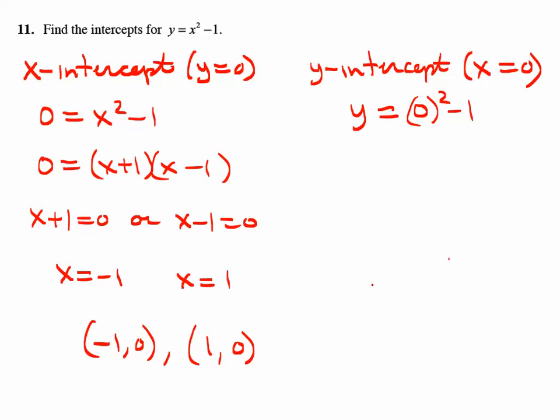That's a lot easier here because 0 squared is 0. 0 subtract 1 is a negative 1. In this case, just one single y-intercept. And notice it doesn't say to graph. It just says find the intercepts. So at that point, you're done. As far as homework is concerned, you can just do this here, put a little comma right here, and you've just got all the intercepts.